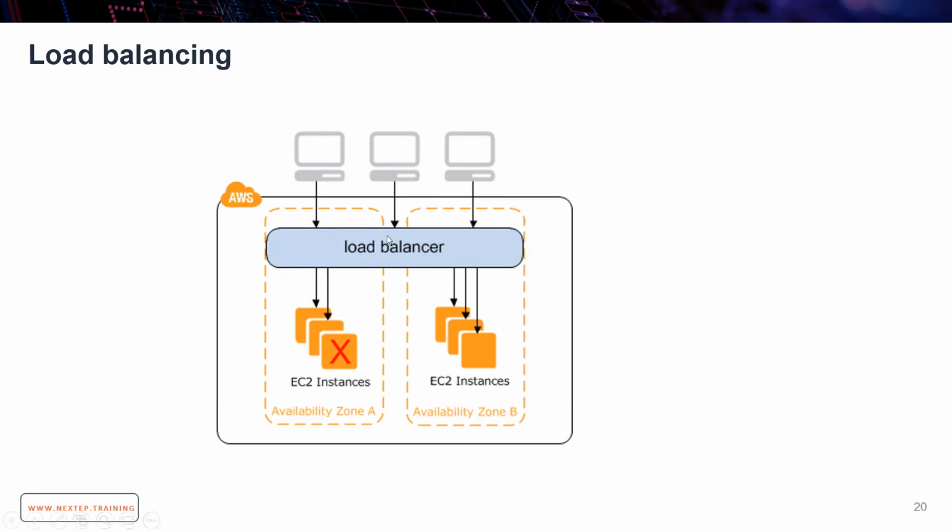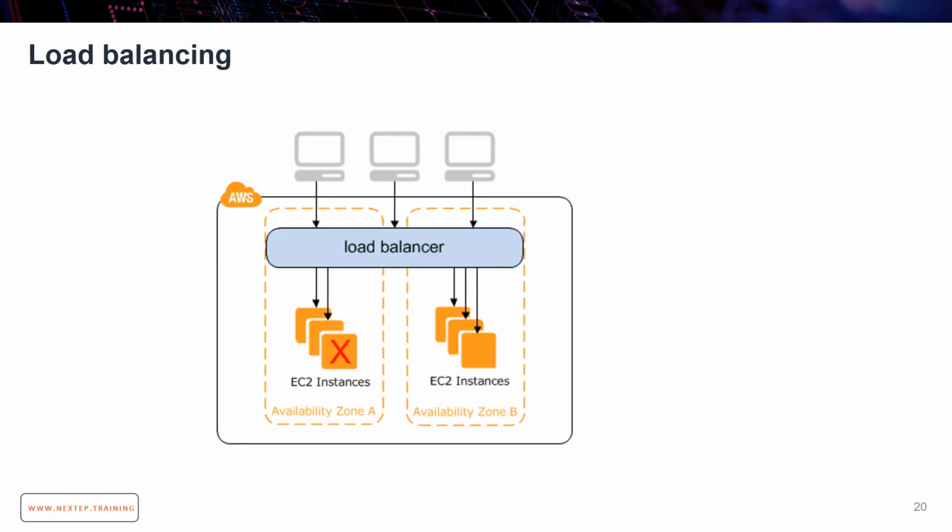You share only the IP address or the DNS name of the load balancer with the end customers. The customers don't know. They will go to the front door, and the front door will decide how many EC2 instances are available and where the request will go. The first request will go to EC2 instance 1, the second request to the second, the third one here, and then the fourth one in a round robin fashion. You can do it that way, or you can define your own algorithm.